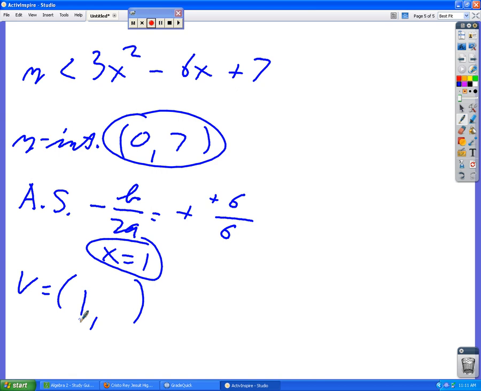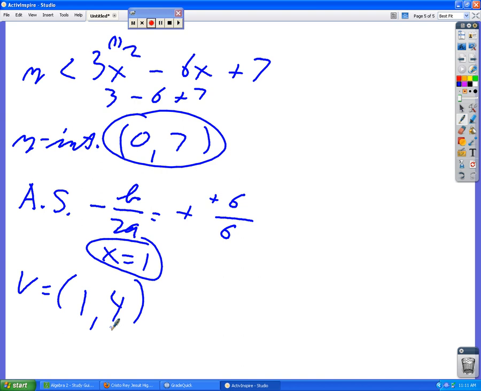Now I plug it in. 1 squared is still 1, times 3 is 3, minus 6 times 1 is 6, plus 7. So it's 4, right? Everybody with me?